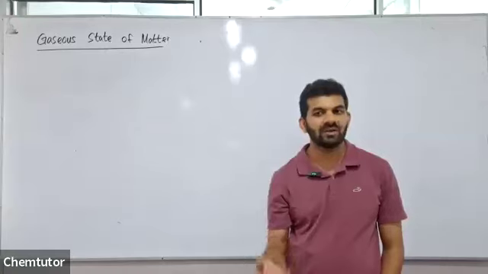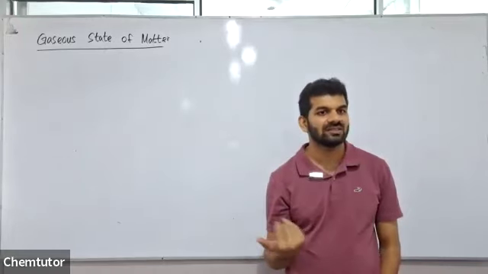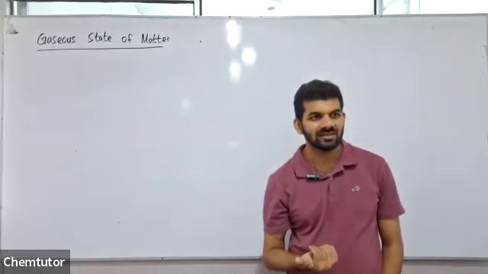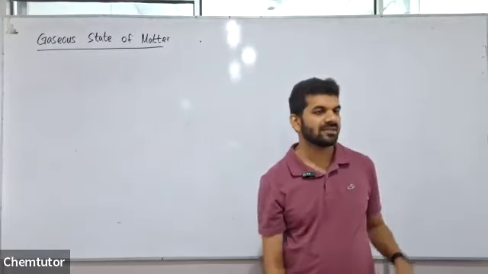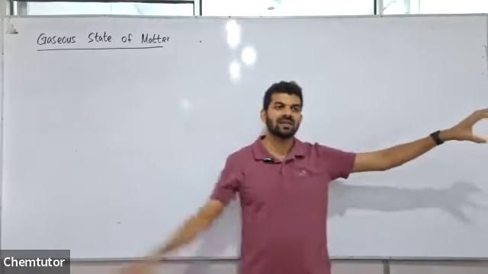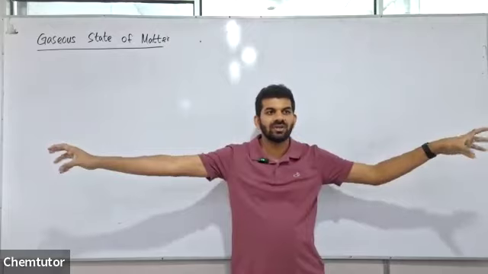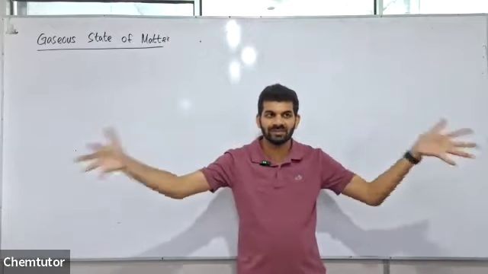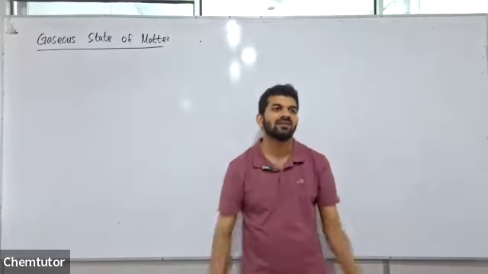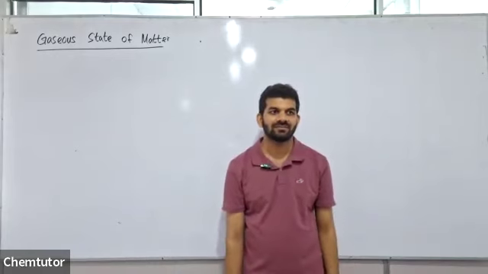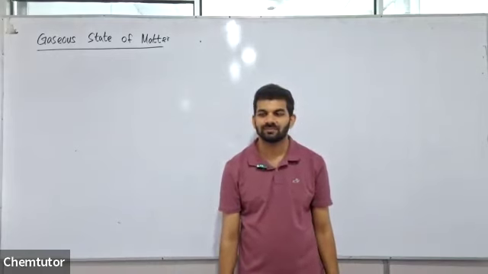That means without any mechanical aid, they will mix together. If we place a sample of nitrogen in this corner and a sample of hydrogen in this corner, and it is allowed to mix, they will mix with each other without any mechanical aid. Is it clear?